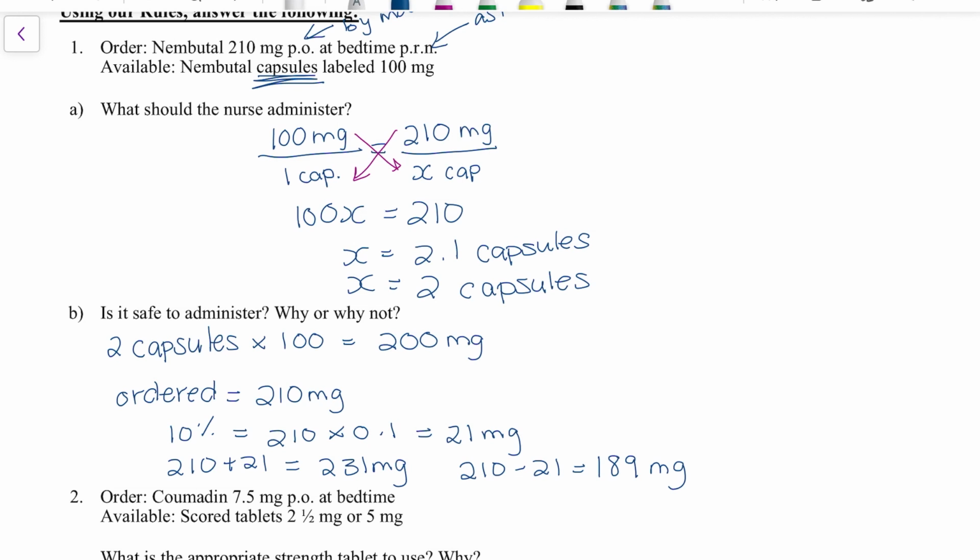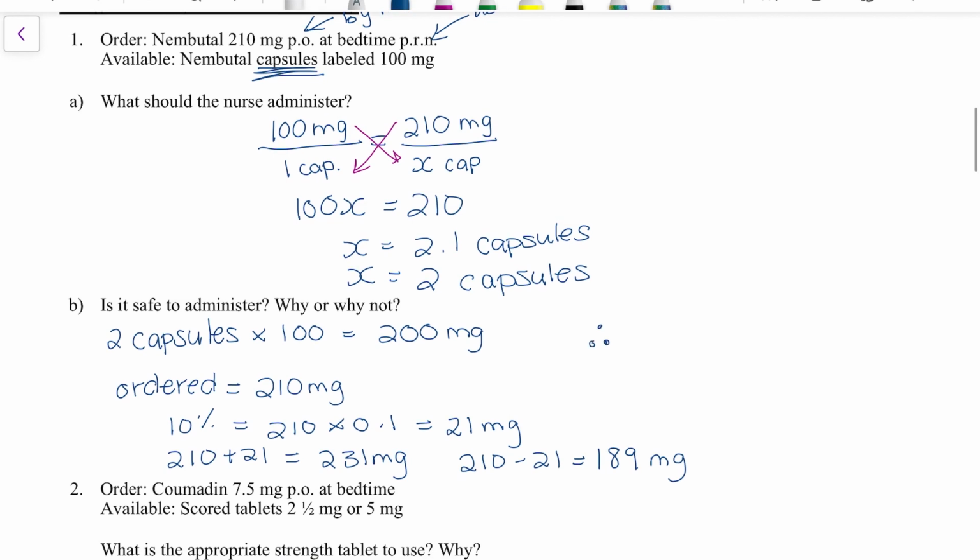So my 10% range is between 189 milligrams and 231 milligrams, and what I've given them, 2 capsules of 100 milligrams for 200 milligrams, is within that range. Therefore, it is safe, because it is within 10%.